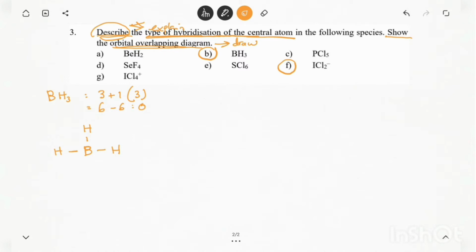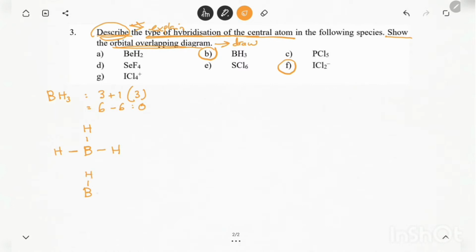From the Lewis structure, identify the molecular shape. Since we have 3 electron pairs around the central atom, which are all bonding pairs and no lone pair, the molecular shape for BH3 is trigonal planar.